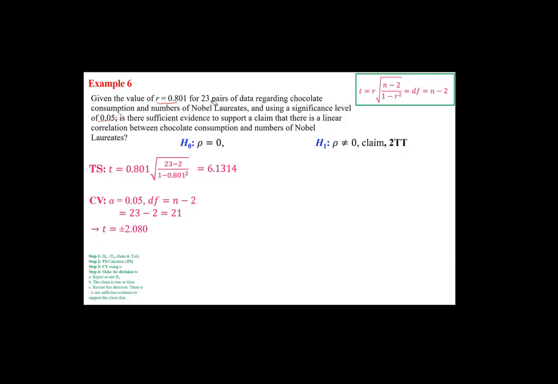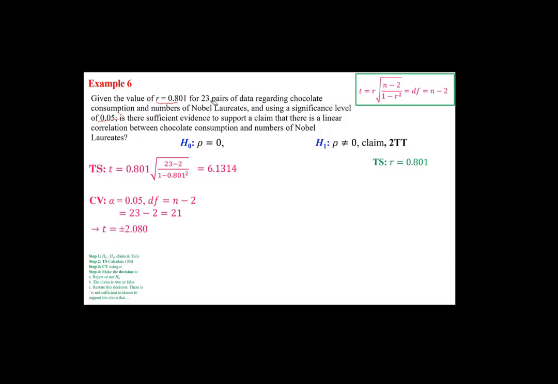If we go with the Pearson table, the Pearson coefficient test statistic is given to us, 0.801. As far as the critical value is concerned, alpha is 0.05, so we look up that table.